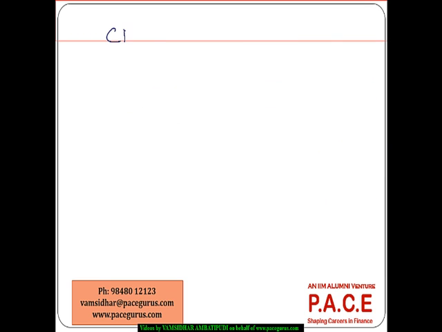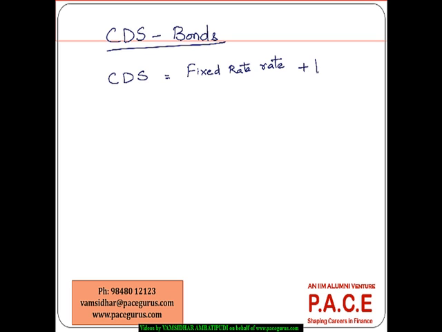Now, what is the difference between the CDS and the bond? The credit default swap and the bond. See, if I virtually try to recreate the CDS protection, I could look at it like a protection in a fixed rate bond. If I am looking at a credit default swap virtually, I have taken a position in a fixed rate bond and a payer interest rate swap.